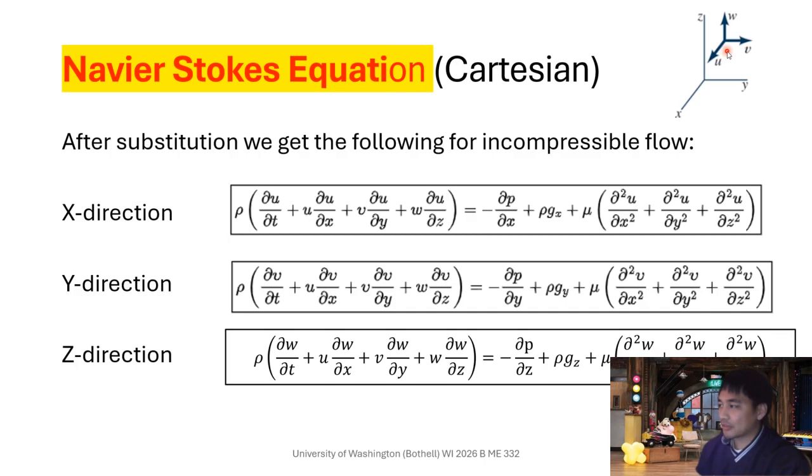Your velocity directions are respectively u, v, w, or we can call this nu. Just velocity in the y direction is either v or nu, but this technically looks like a Greek letter nu. Okay, so x direction, these are your equations, y direction, z direction.